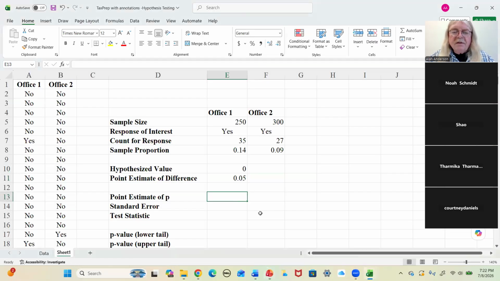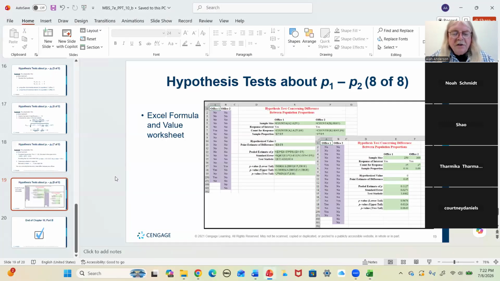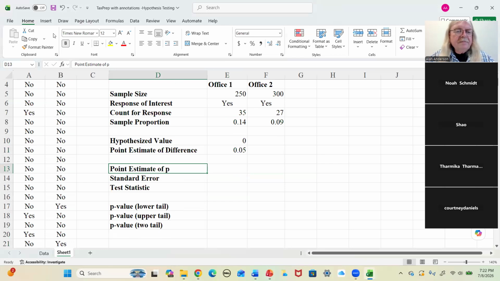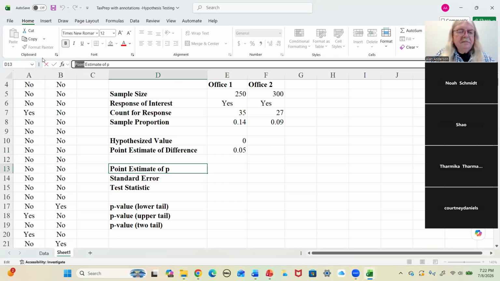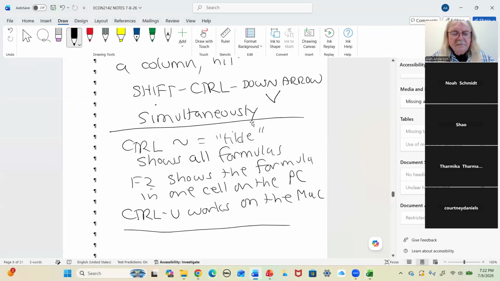Oh, you know what I just noticed? There's a typo here. This shouldn't say point estimate. It should say pooled estimate. Oh my God. Yeah, that's why I was confused. That's this thing.